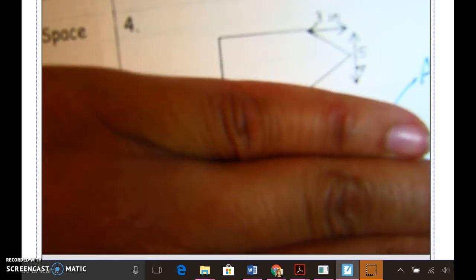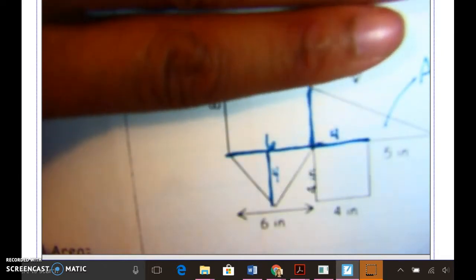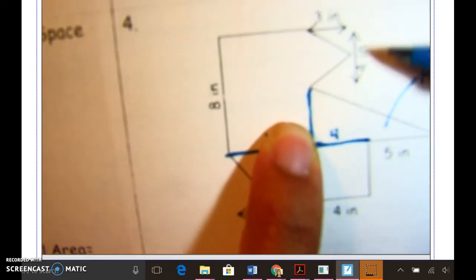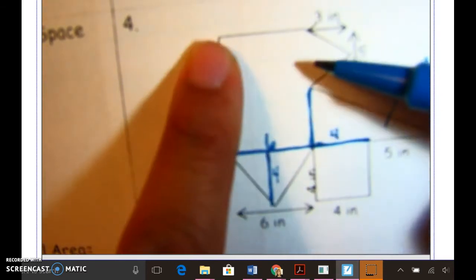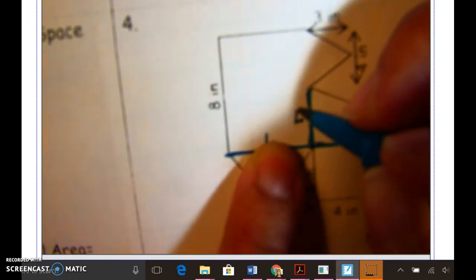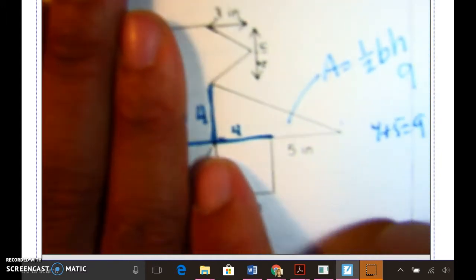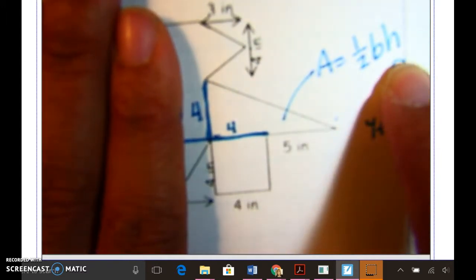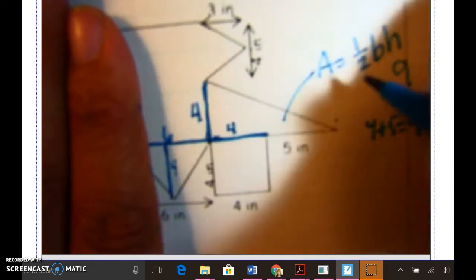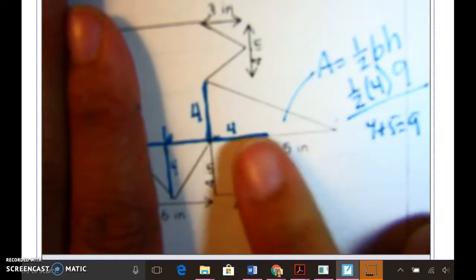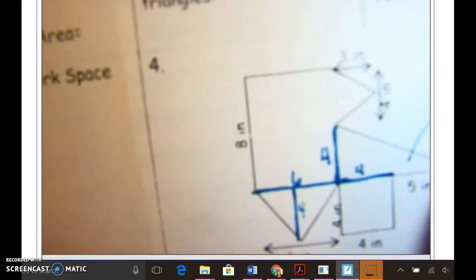This much is 4. So that means out of 8, this also is 4, because this 4 and this 4 will equal this total length of 8. So when you want to do the area of that triangle, your height is 4 plus 5, 9, and your base is 4. So you're going to do 1/2 4 times 9. That will be your area here.